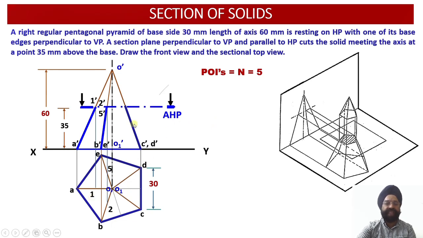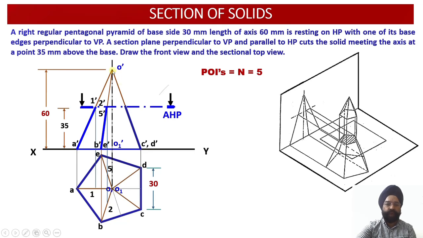Now we move on to the second POI, that is point 2 dash. The 2 dash point lies on the slant edge O dash B dash. It will be intersected over here, and I obtain the point 2 dash. Now from 2 dash I will bring a vertical projector to intersect the top view of the slant edge, that is OB.